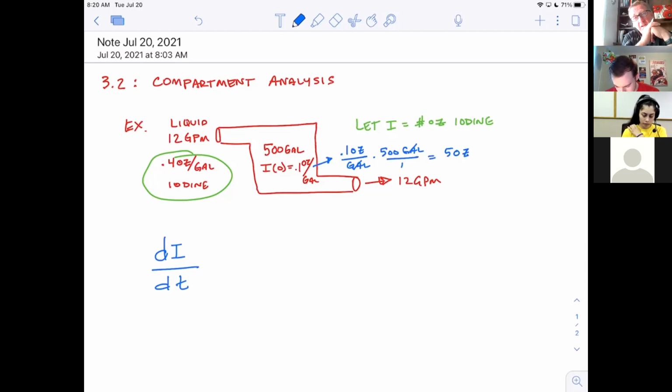So notice I gave you a concentration. I said I have Q0 equals 0.1 ounces per gallon, but I could have just as easily told you that there were 50 ounces in the tank. Does that make sense? We call this the initial condition.